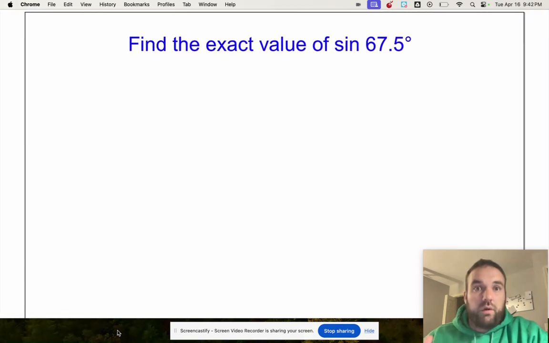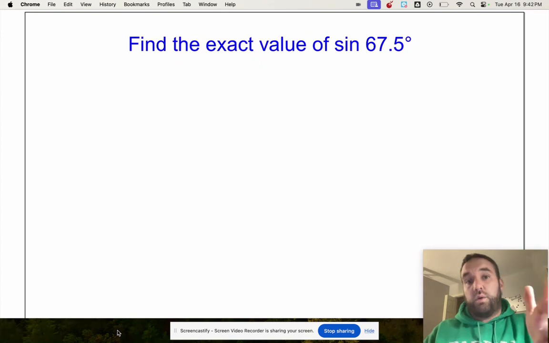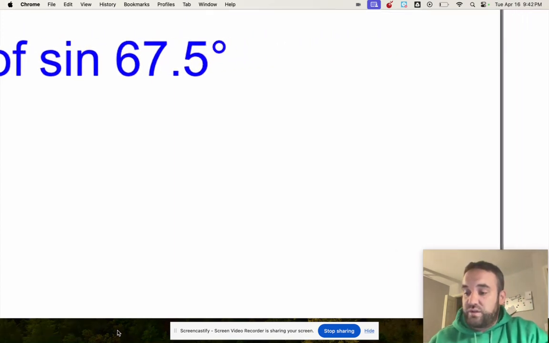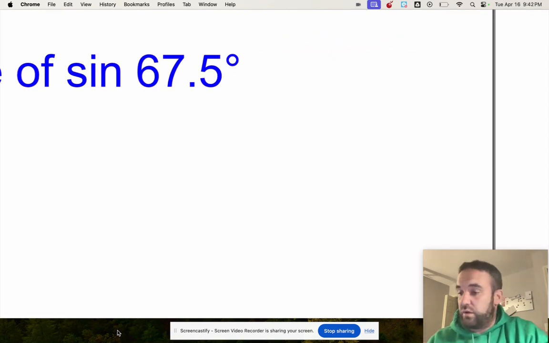And this is a little bit more meaningful: find the exact value of sine of 67.5 degrees. Now, in the previous lesson when we did the sum of a plus b, we were able to find the sine of 75 degrees because 75 degrees is the sum of 30 degrees and 45 degrees, both of which are on the unit circle. 67.5 is not on the unit circle. There are no decimals on the unit circle.